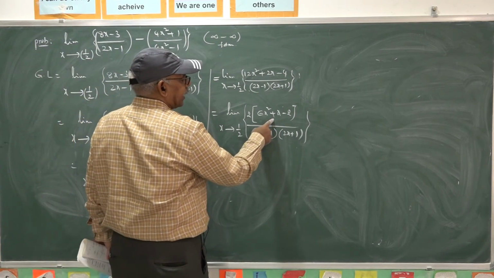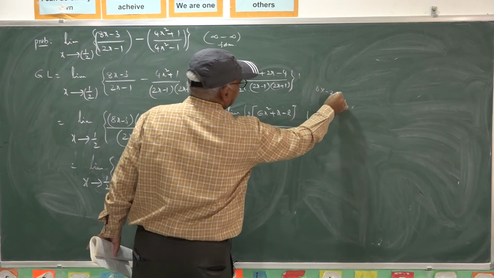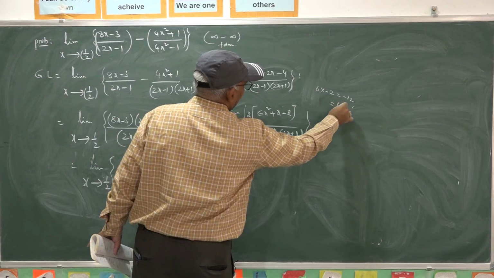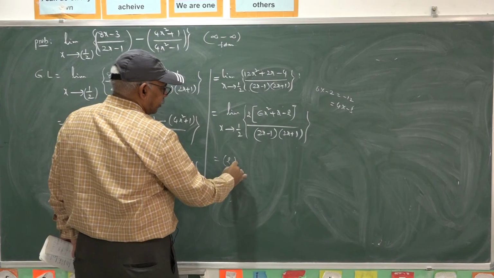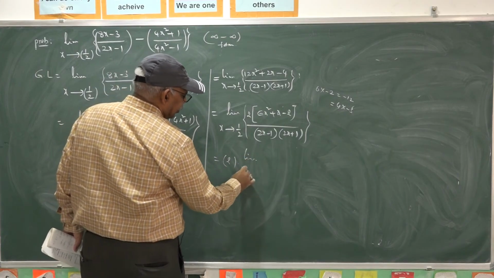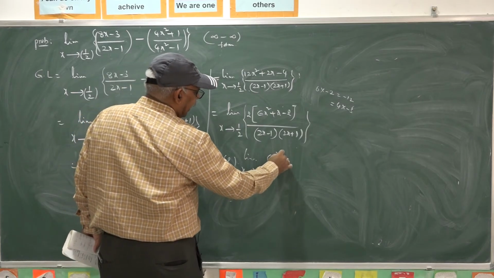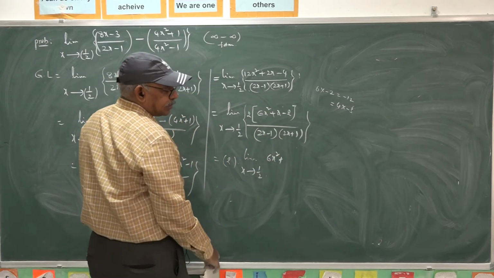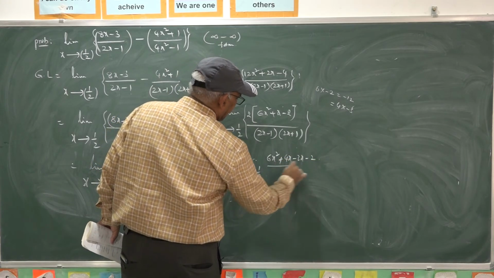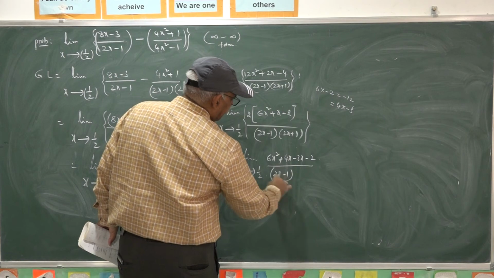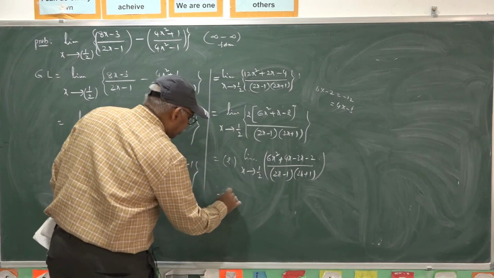Clearly it can be factorized because 6 into minus 2 is minus 12, which may be written as 4 into minus 3. So this is 2 into limit as x goes to 1 by 2. You can factorize 6x square plus x minus 2 as (2x minus 1) into (3x plus 2).